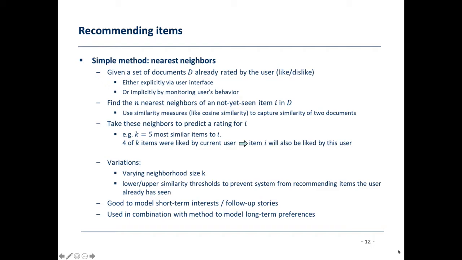You never expand their interests with respect to things that they have not seen, and that itself can be a problem. But you play with these values in terms of neighborhood size, similarity thresholds, and so on. But they still have limitations with respect to not expanding the user's interest in things that they have really never seen.